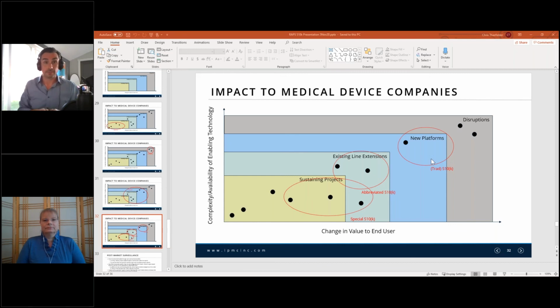It will be tricky though. Again, for a high risk category of products, the bar is going to be much, much higher. Enabling technology, what's already out there: yes, you can submit data that already exists for your new traditional 510K.